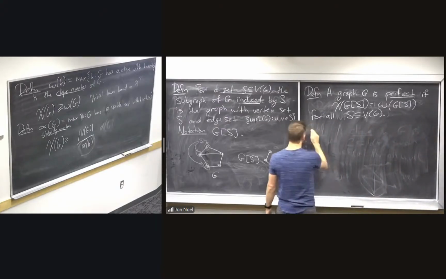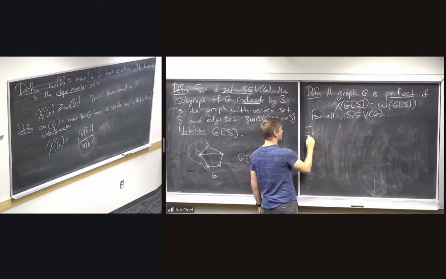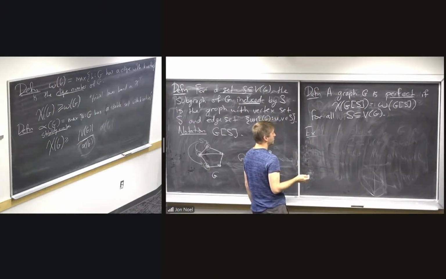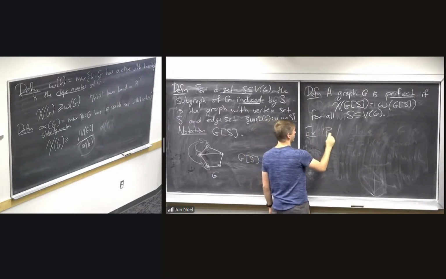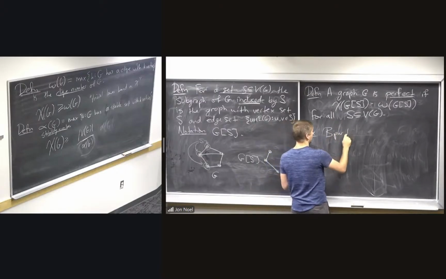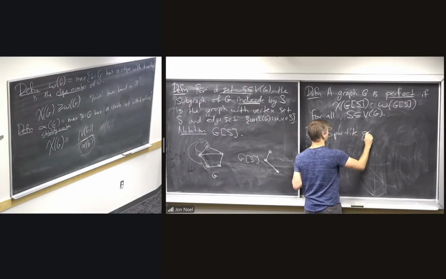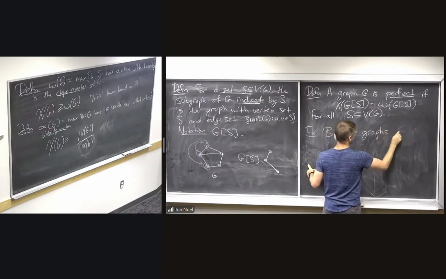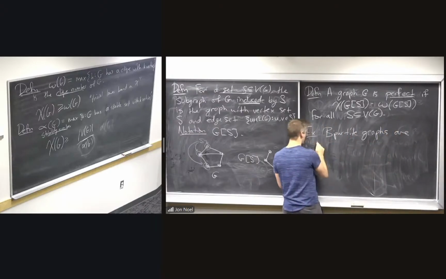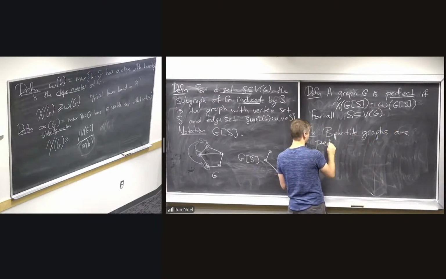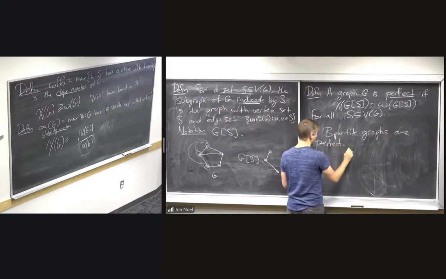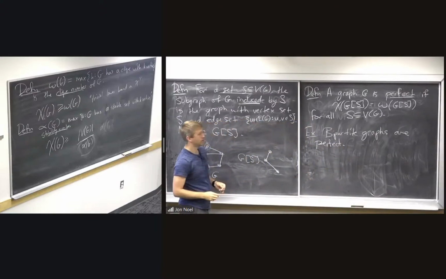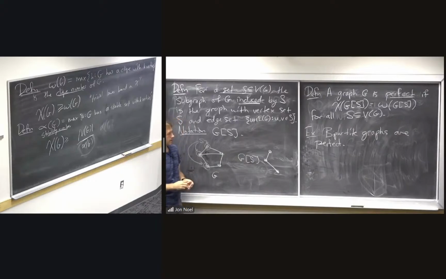Here's a very basic class of examples. Bipartite graphs. Any induced subgraph of a bipartite graph is still bipartite.